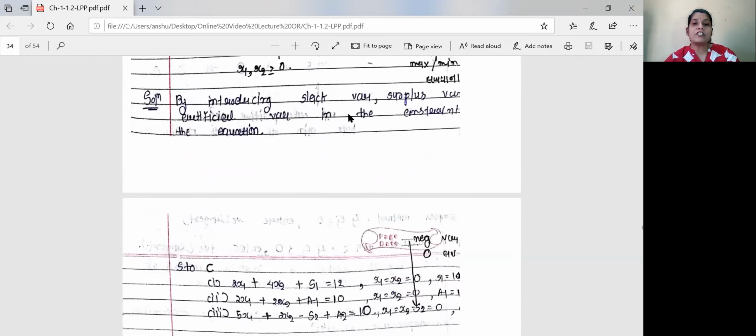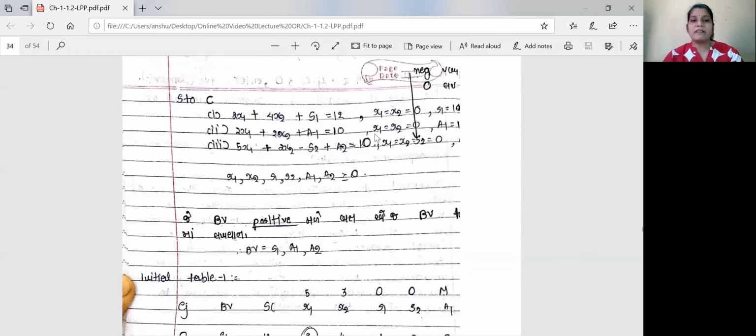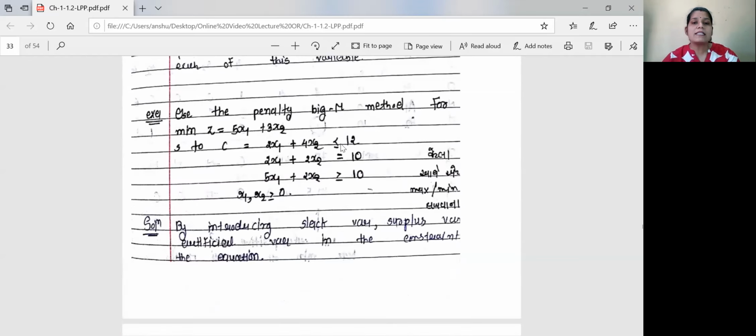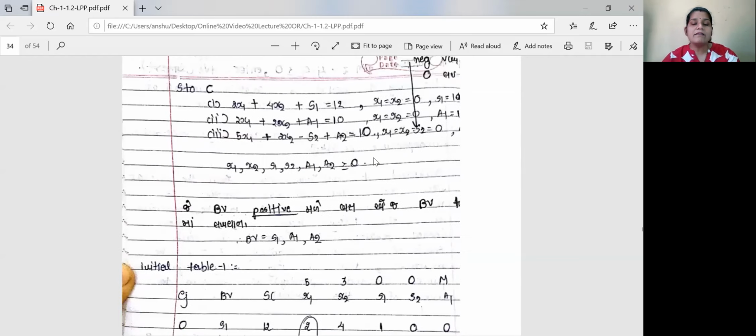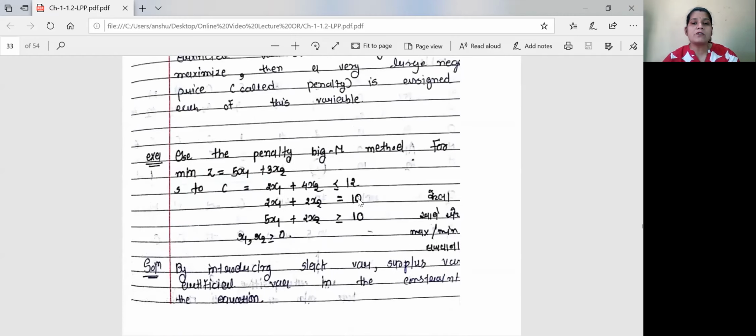By introducing slack, surplus, and artificial variables in the constraint equations, we write the first equation, which is of less than or equal to sign. Then we use the slack variable: 2x1 + 4x2 + s1 = 12. Our second equation is of equal to type.